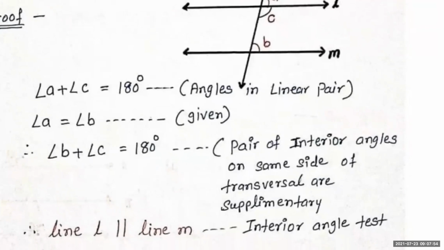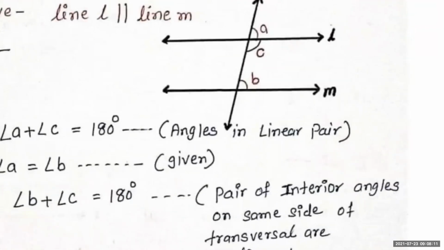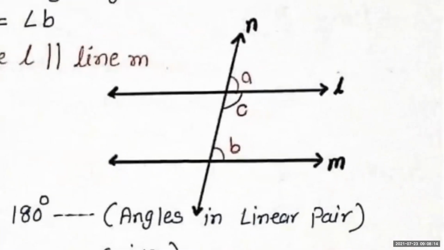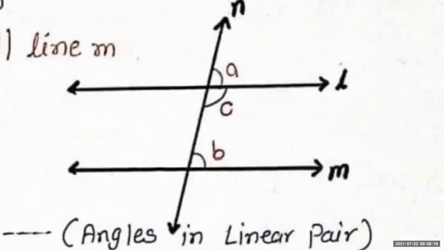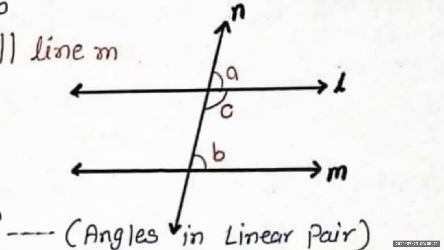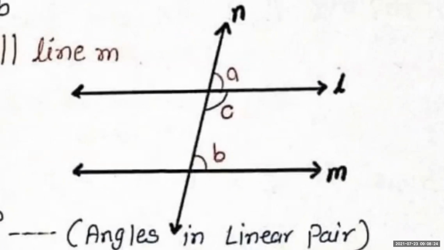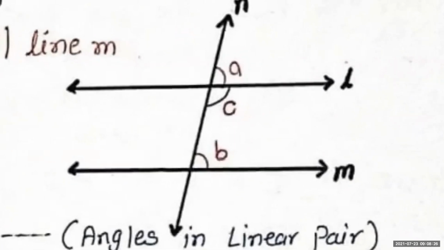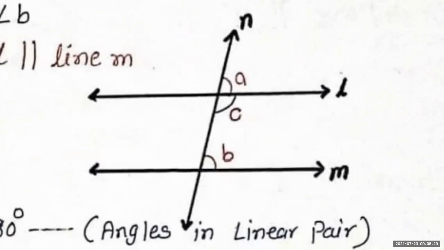Now based on this step, we can say that a pair of interior angles on the same side of the transversal are supplementary. As angle B and angle C, see in the diagram here, are interior angles, and their measurements together are 180 degrees, we can say that the interior angles are supplementary.